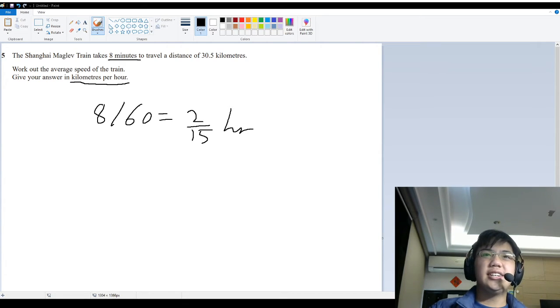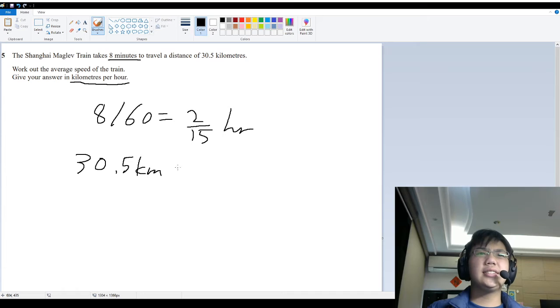After we do that, we can use our calculator to calculate 30.5 kilometers, which is the distance, over 2/15, which is the time, as speed is distance over time.